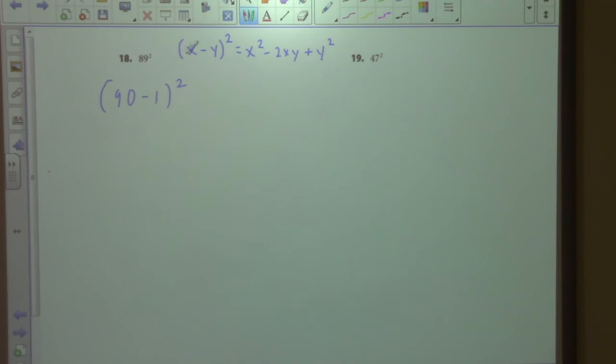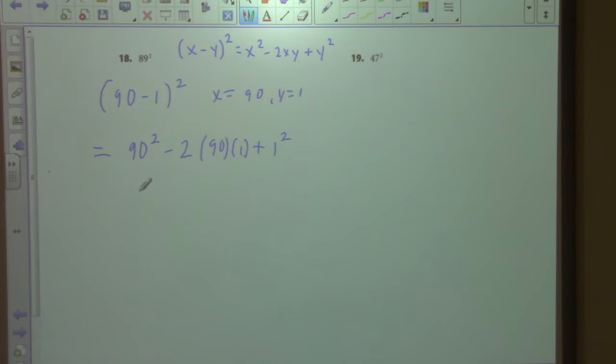And using this identity here, we can rewrite this 89 squared as 90 squared minus 2 times, and this is going to be x equals 90, y equals 1, right? So minus 2 times 90 times 1, which is y, plus y squared.